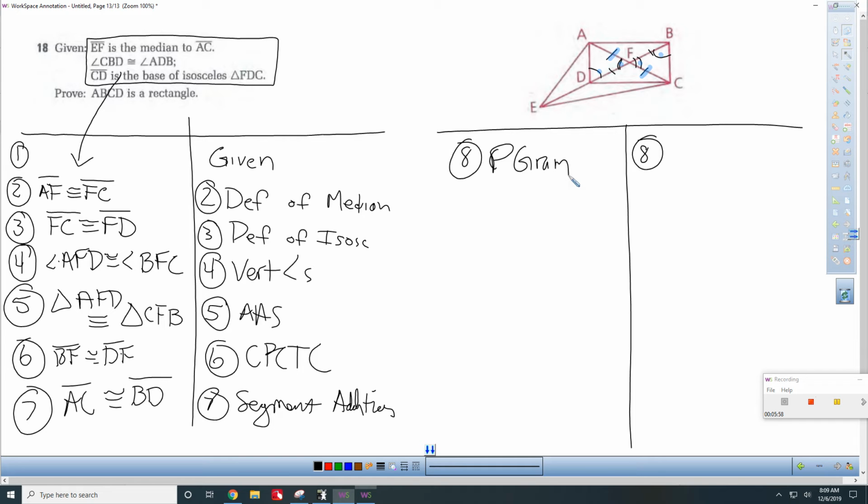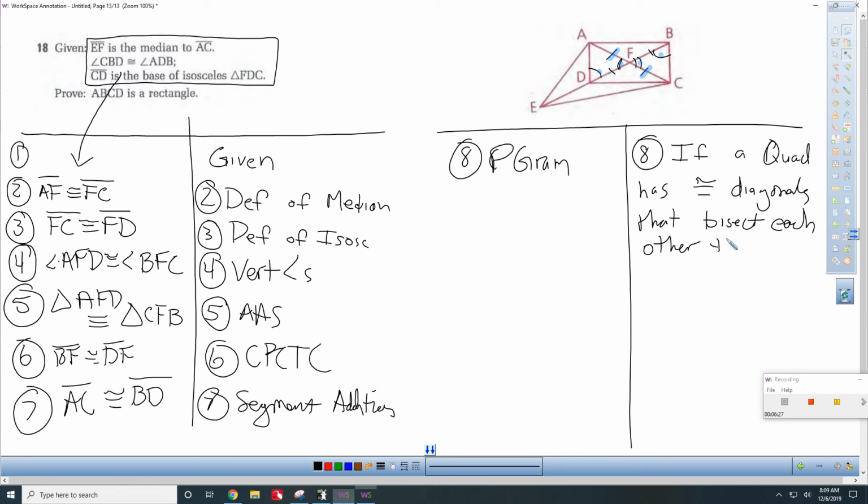Okay, look. If a quad has congruent diagonals that bisect each other, then it's a rectangle.